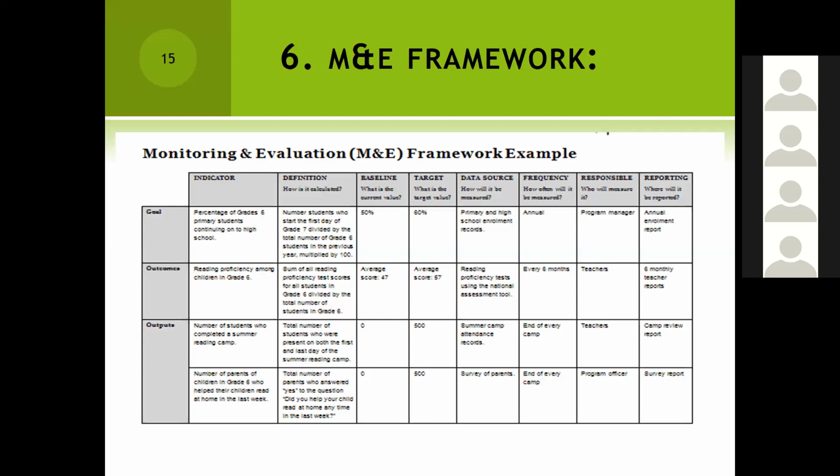What will be the frequency of your data collection? Who will be responsible to measure that, and how you're going to do your reporting. That really becomes very, very important to capture in an M&E framework as much as possible.